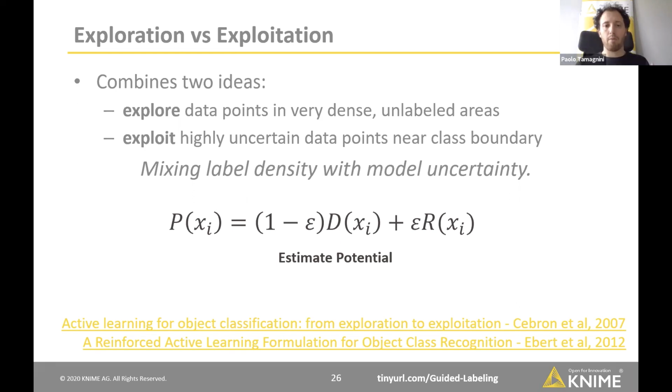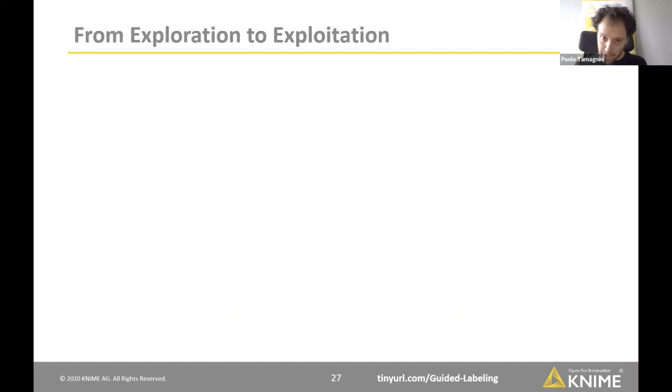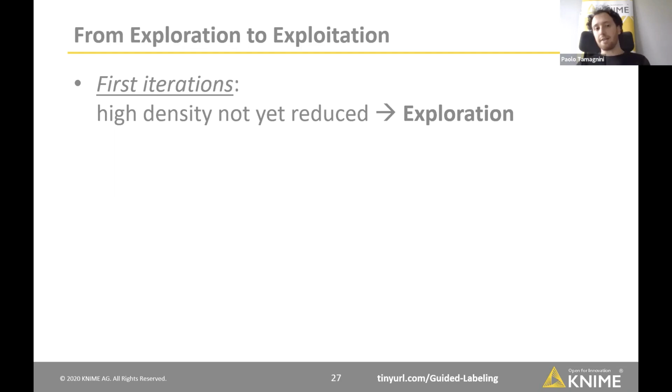So why is this epsilon important? Because the idea is that in an active learning loop, you want to use the two techniques together, but you also want to go from exploration to exploitation. Why? Well, in the first iterations, the model is trained on really few labels, so it's not going to be as good. So you want to explore first, also because most of the feature space has never been labeled before.